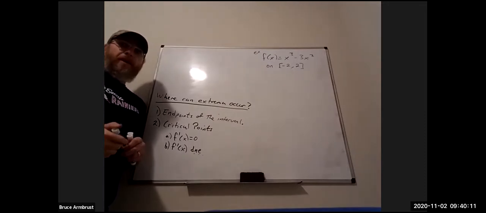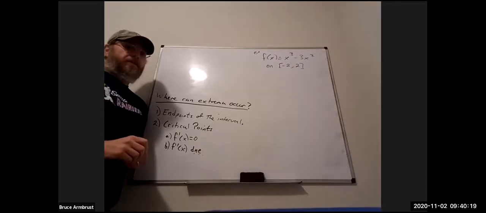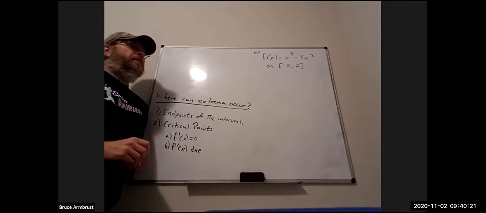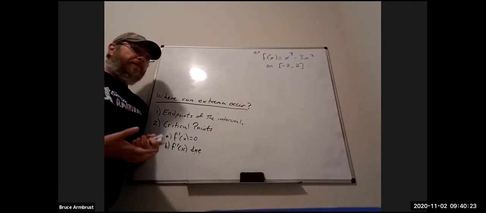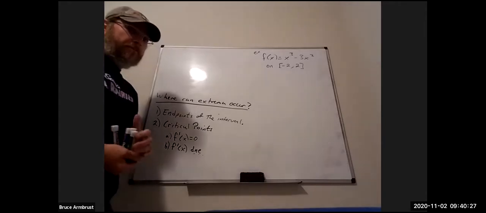So think about the extreme value theorem. It says that if the function is continuous on a closed interval, then we're guaranteed an absolute max and an absolute min.